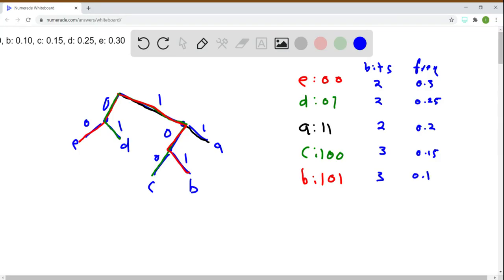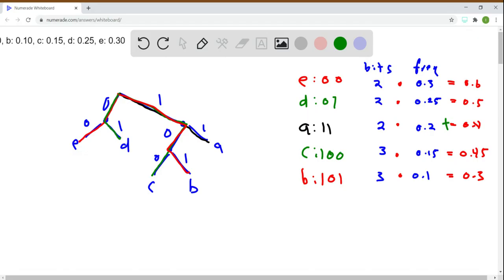All right, so now all we need to do is multiply all these and then add them all up. Oh, and by multiply, I mean we're going to multiply it like this going across. So we'd get 0.6, 0.5, 0.4, 0.45, and then 0.3.